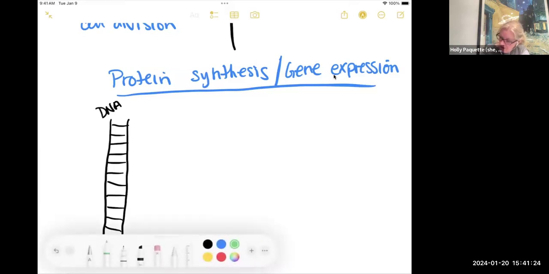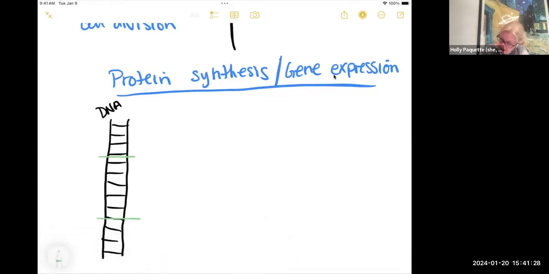And we can think about that there are what are called genes. So we might have a segment of DNA, just a segment, and maybe there's another gene that goes up here. But these genes are sections of the DNA that carry the information for one protein.